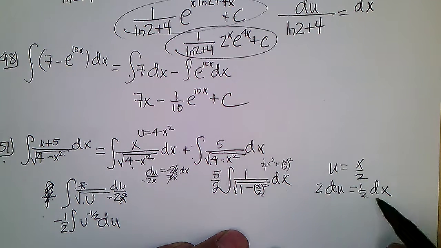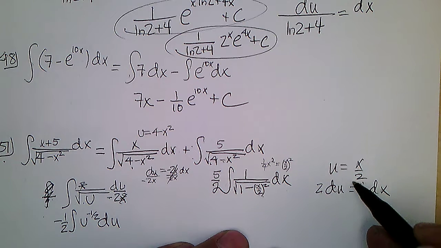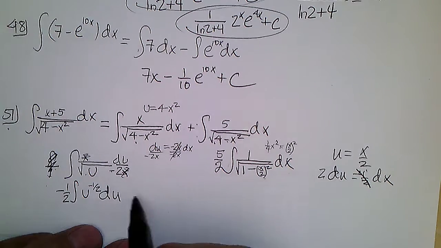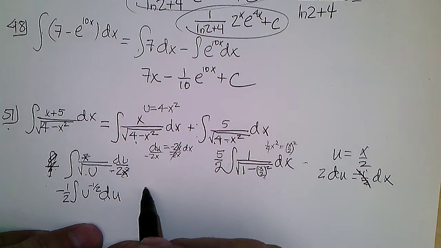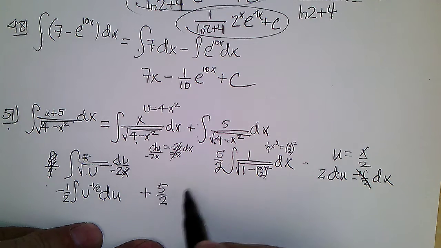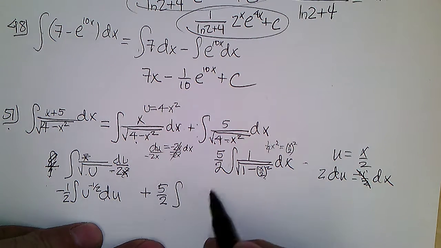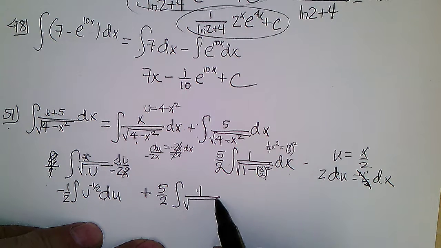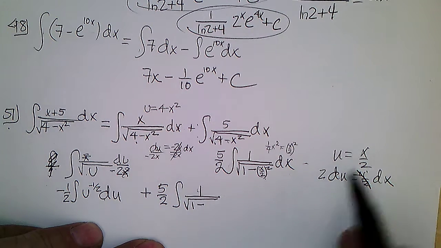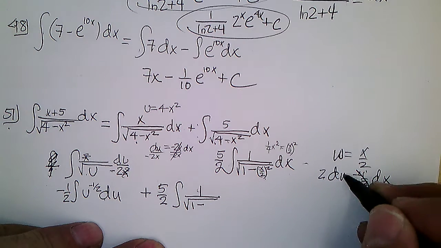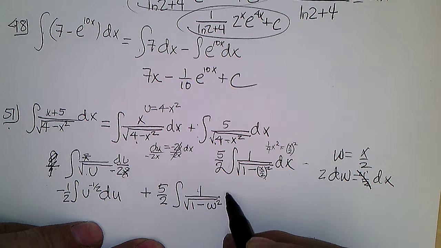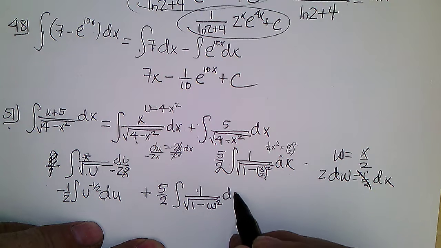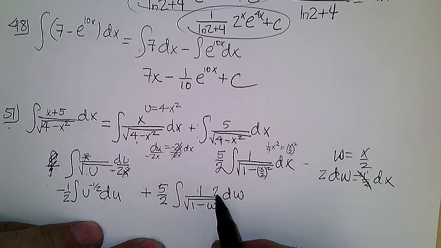So the 2 would go over here, multiply by 2, and so this becomes, this is a different u than the u over here, so I got to be careful here, plus 5/2 integral of 1 over square root of 1 minus this u, maybe I should call this w, and so this would be w squared dw times a 2.